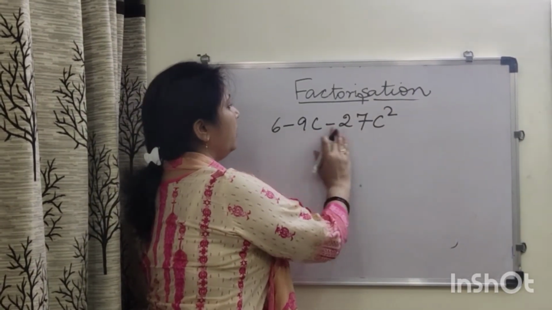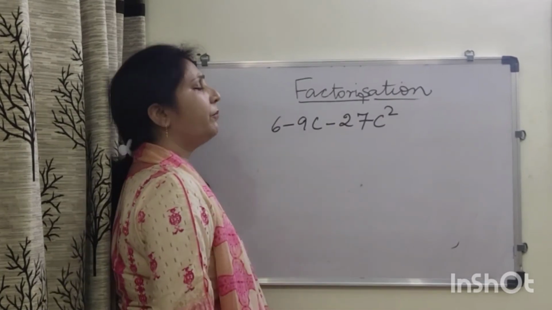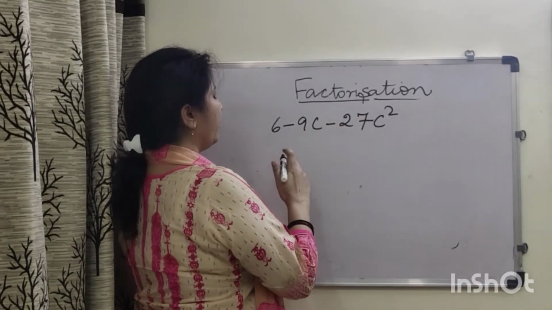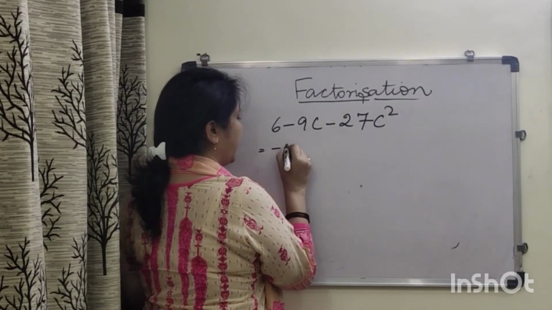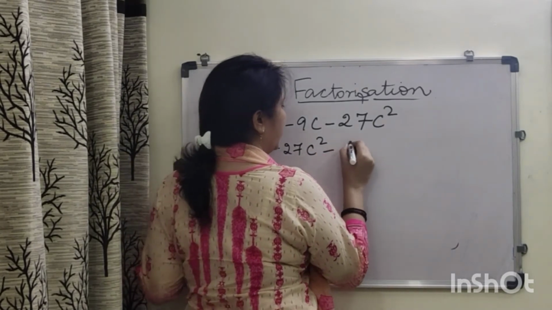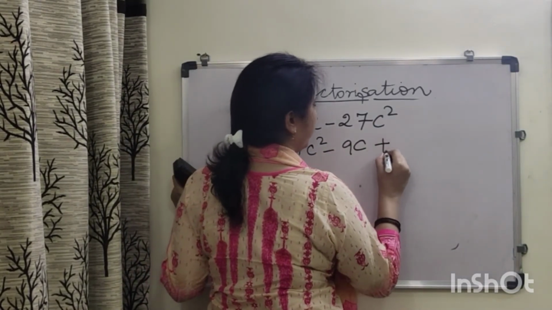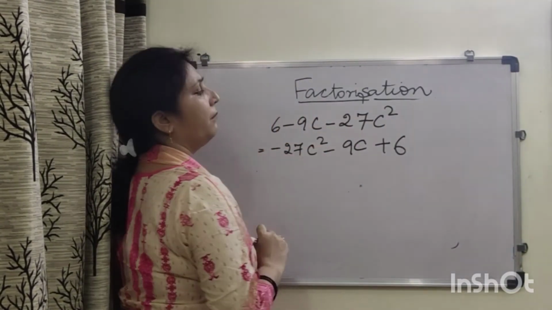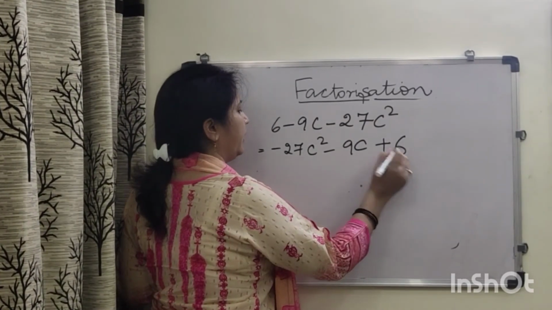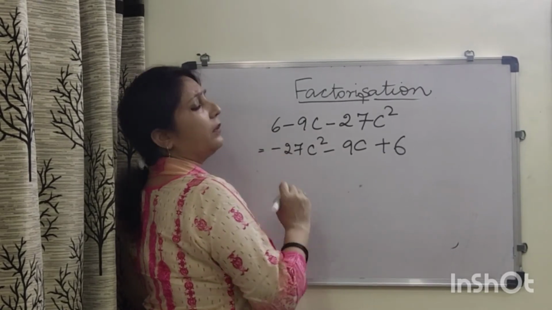The equation is entirely different, written in reversed manner. Let's write it in the proper way. It is minus 27c square minus 9c plus 6. First of all, children, take minus common because a is negative.